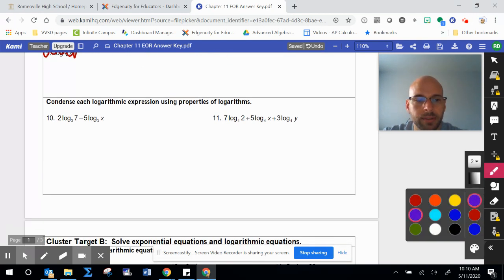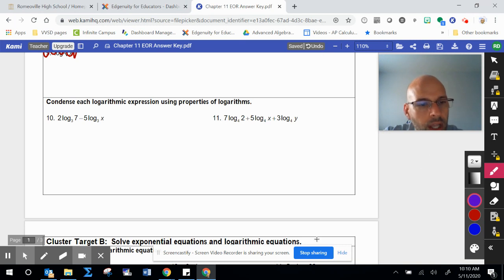We're going to, instead of expanding them, condense them. So anywhere you have a coefficient, for instance on number 10, we have two coefficients. Those are going to become exponents.